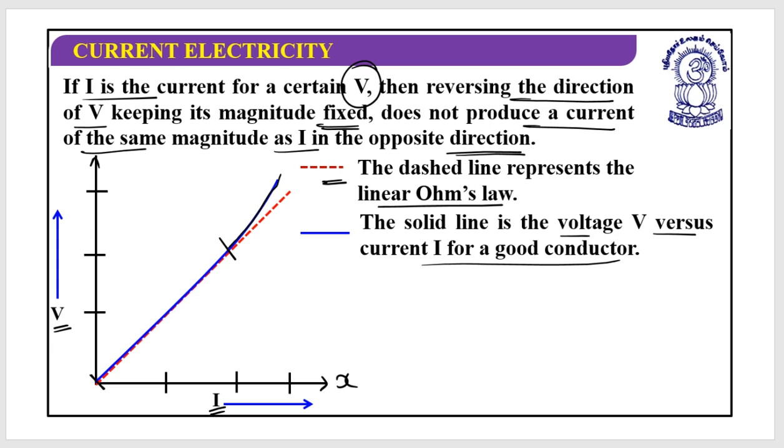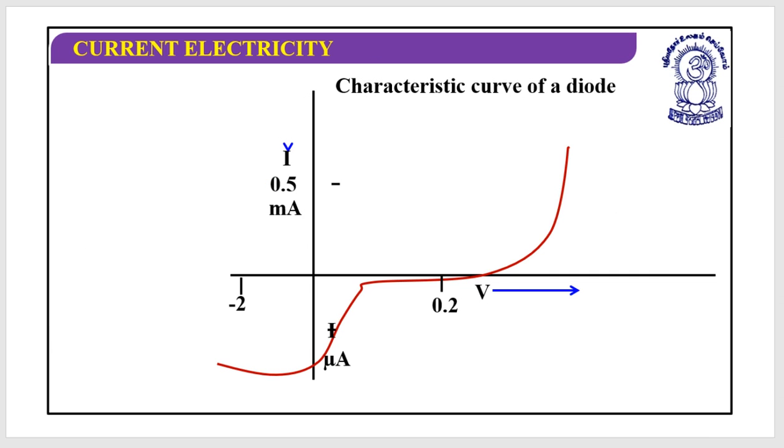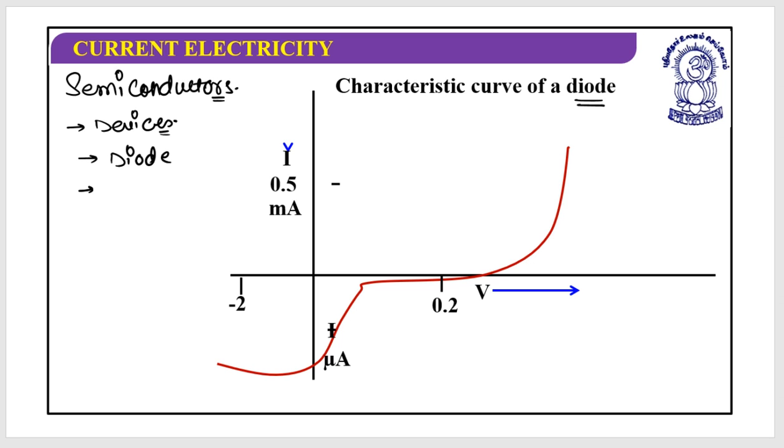Yes. Now let's look at one of the conditions: the characteristic curve of a diode. Now what is a diode? Basically there are certain materials that we call semiconductors, and in semiconductors there are certain devices, semiconductor devices, one of them is the diode, another is the transistor.